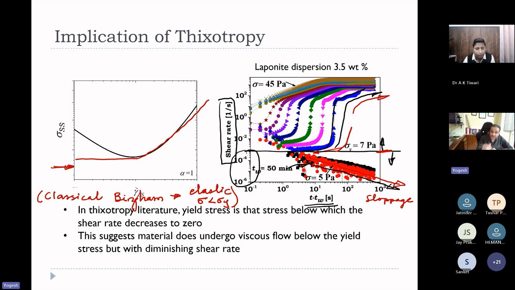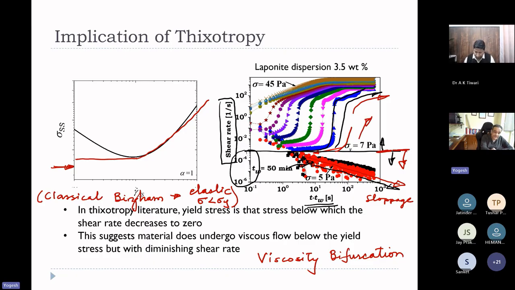Okay, so this phenomenon is known as viscosity bifurcation, which means that there is a threshold stress below which viscosity tends to infinity, while there is a stress above which viscosity becomes finite.